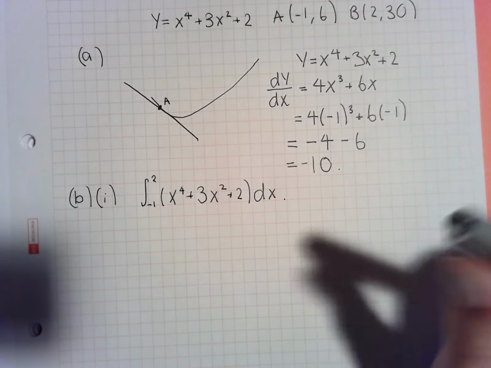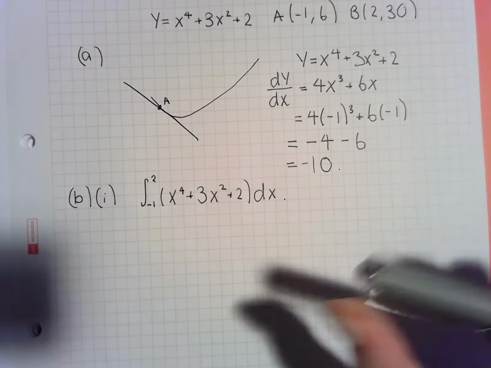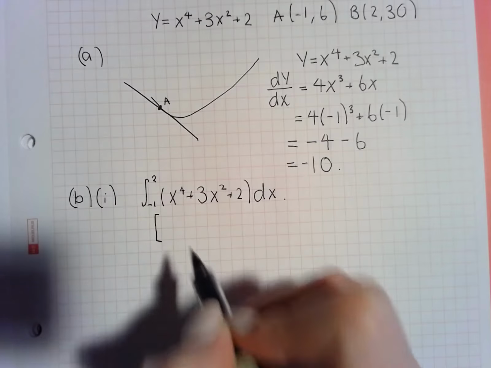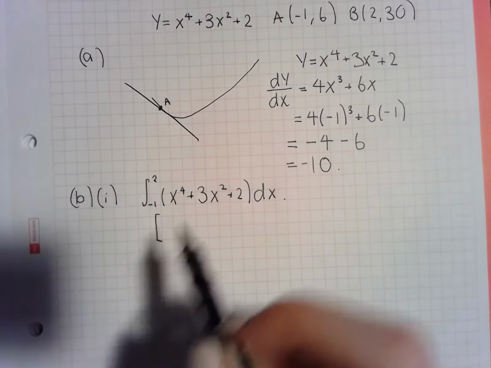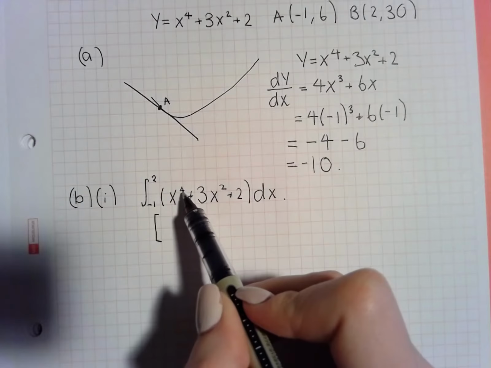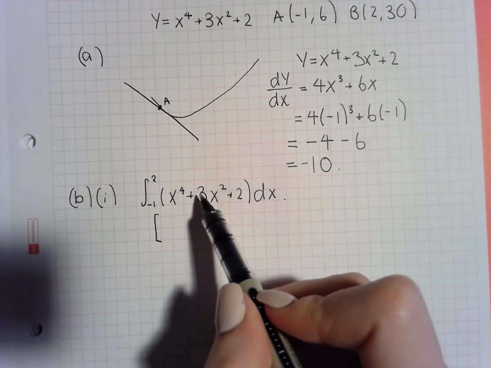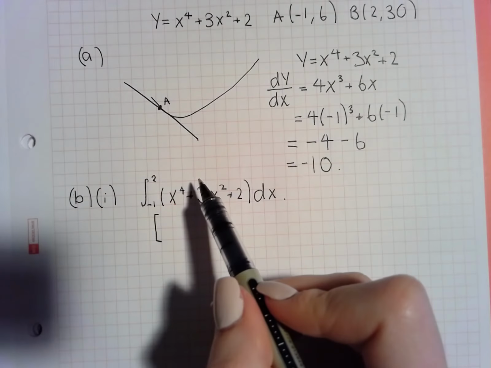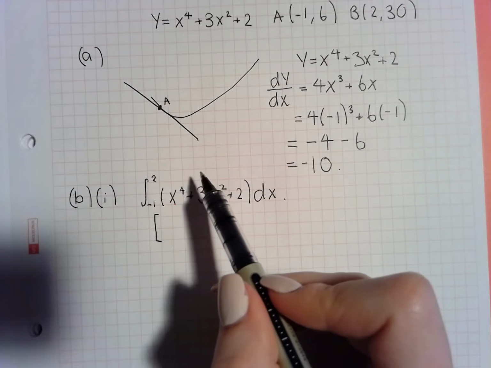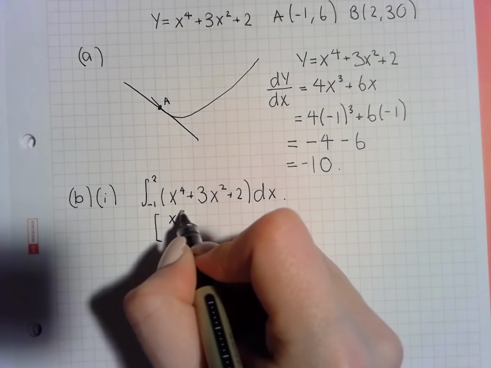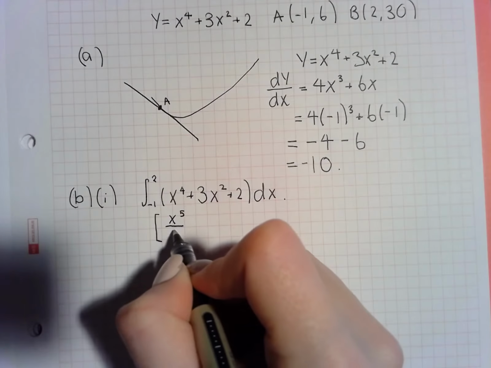So let's get straight in there and integrate it. To integrate, kind of the opposite of differentiate, we're going to add 1 to the power. So this is going to become x to the power of 5, and then divide by your new power. So the new power is 5, so x to the 5 divided by 5.